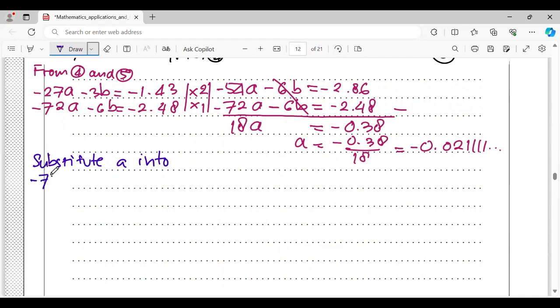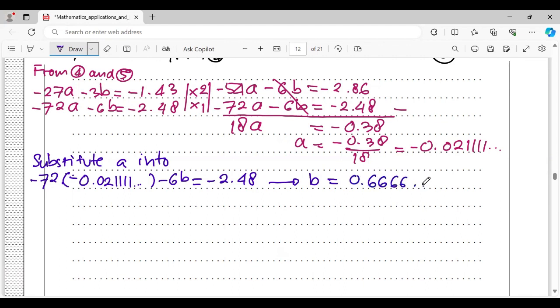So it becomes minus 72 times minus 0.021111 minus 6b equals minus 2.48. If you calculate, you're going to find that b equals 0.6666, and so on.